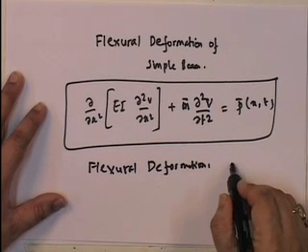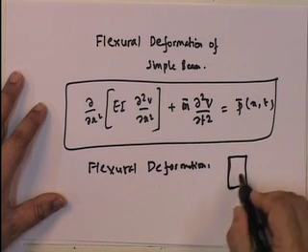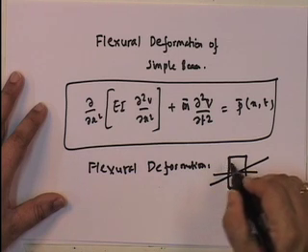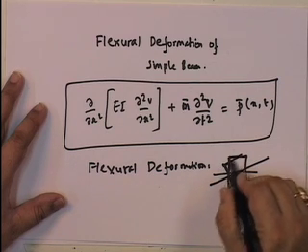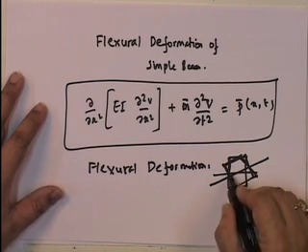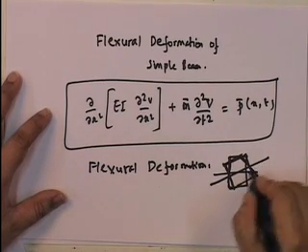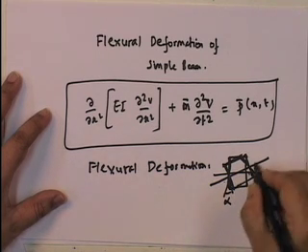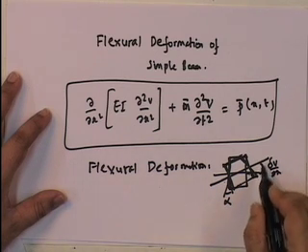In other words, if you looked at the relative motion of this, let us say that the slope alpha was the same as the slope of the neutral axis.